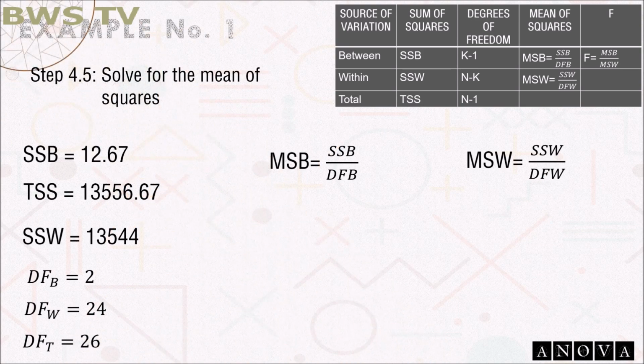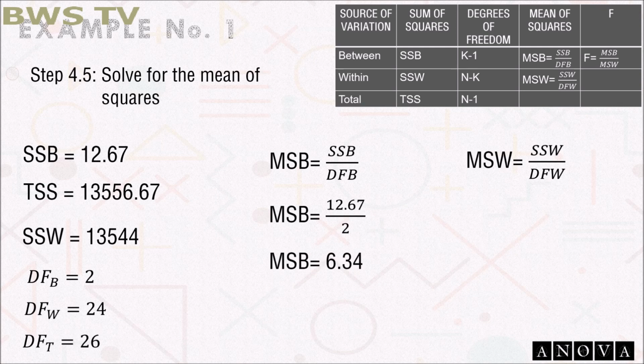Now, let's proceed to the fourth column. You have to solve for the mean of squares. So MSB is equal to SSB over DFB, and MSW is equal to SSW over DFW. Let's proceed first with MSB. All we have to do is to simply substitute. So MSB is equal to 12.67 over 2.